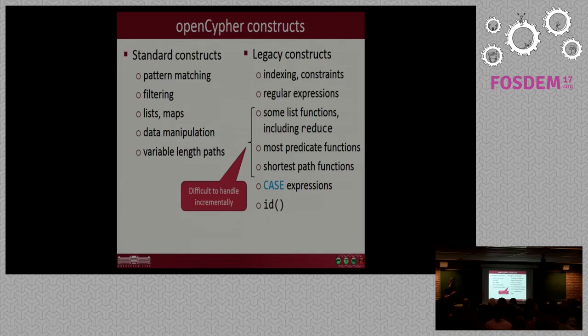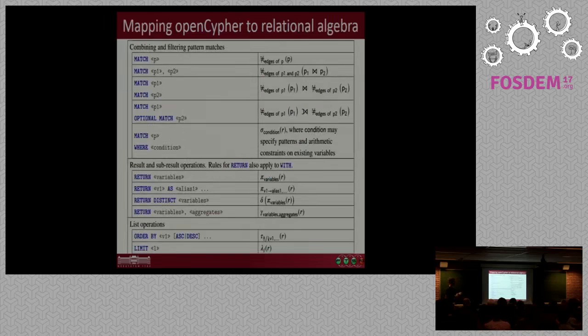So in order to implement our incremental query engine, we first mapped the openCypher query language to relational algebra. This is quite a long mapping. We had to define some custom relational algebraic operators, and we gathered our findings into a technical report, and we published this technical report online. It's built continuously on every change in our system.